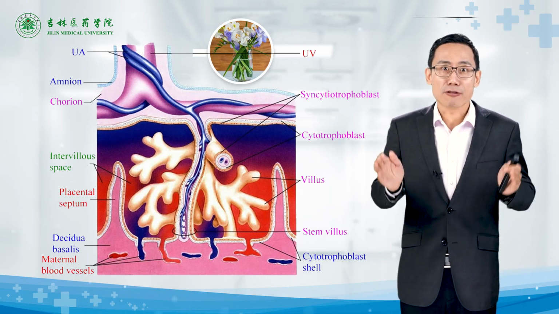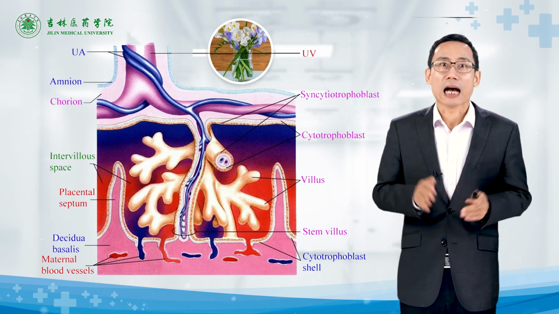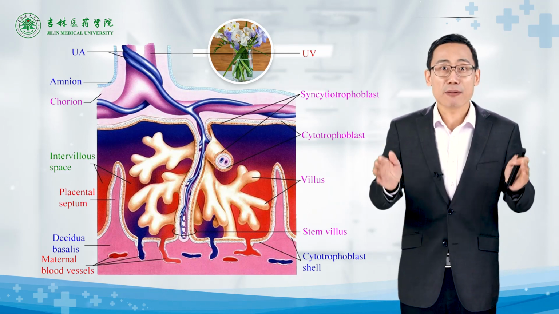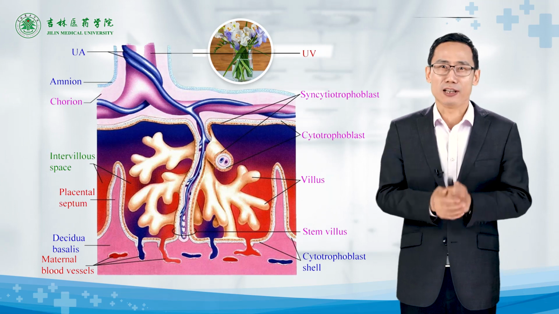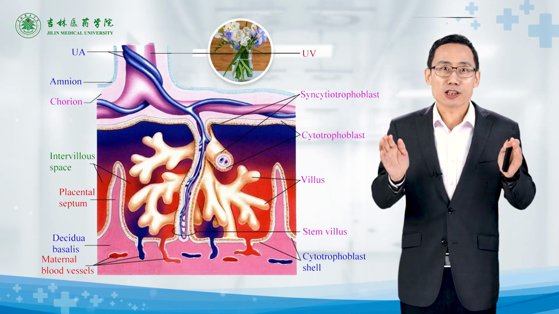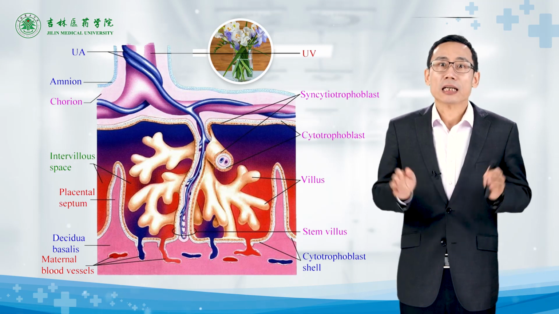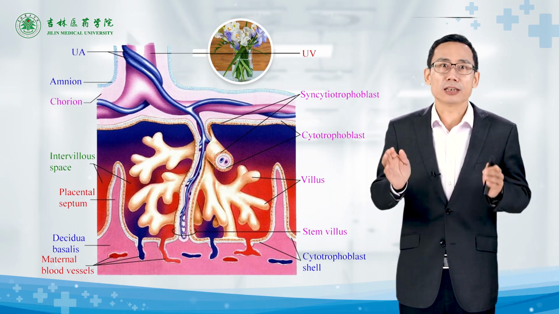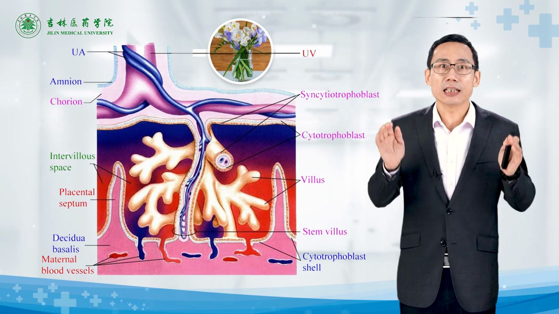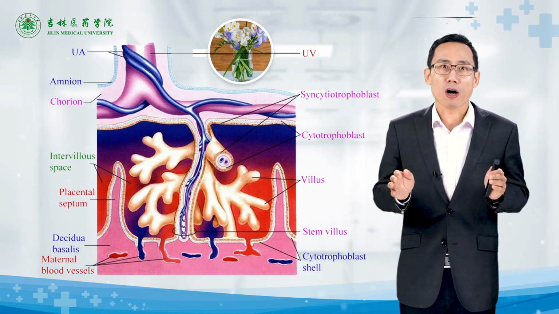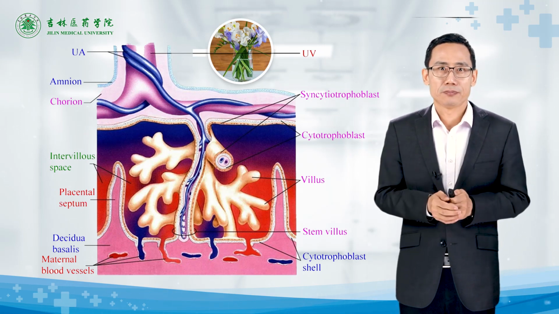The branches of the umbilical vessels enter the villus along the stem villus and form capillaries. There are villus spaces between the stem villi. The short septum composed of decidua basalis extends into it, which is called the placental septum.